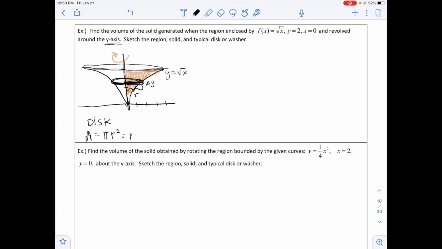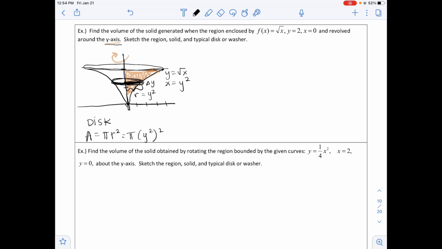So this is going to be pi times, and then to rewrite this in terms of y, square both sides. I get x is equal to y squared. And so my radius is going to be y squared.